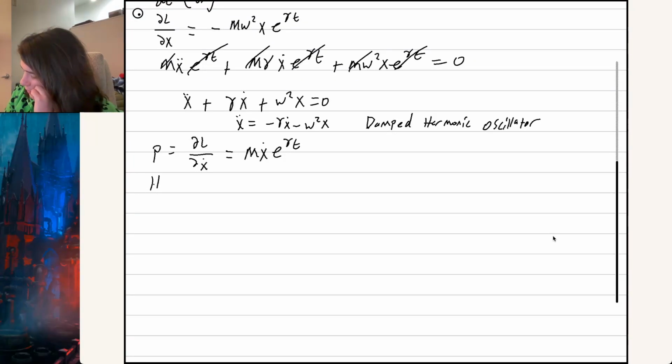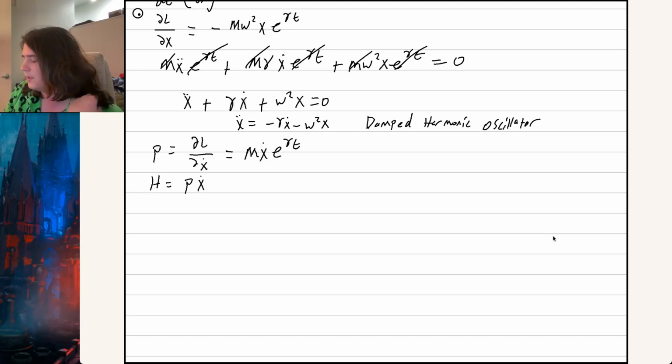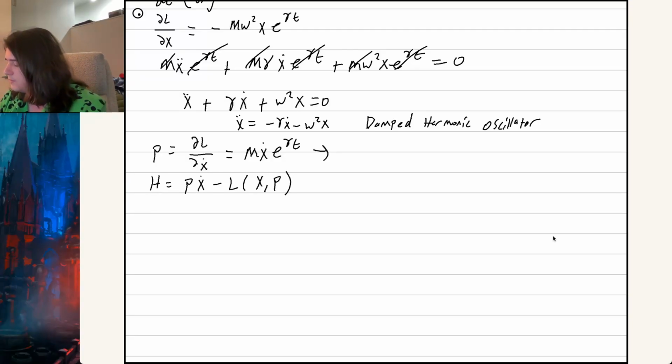And the Hamiltonian can be constructed if you take that canonical momentum, multiply it by x dot, and subtract the Lagrangian in terms of x and the momentum. We don't want any x dot terms. To turn the Lagrangian in our current form into a form which involves momentum, we can use this canonical momentum that we just found to solve for x dot, which is going to be p divided by m times e to the minus gamma t.